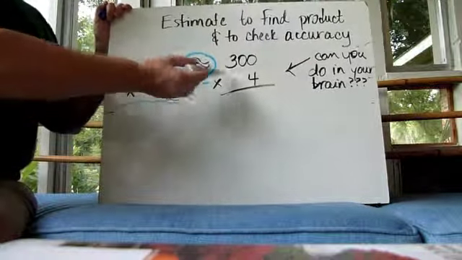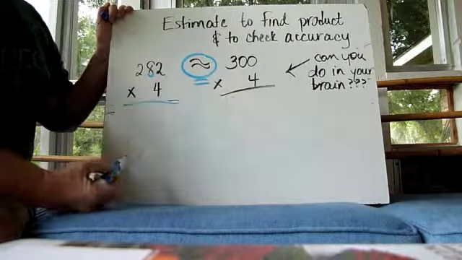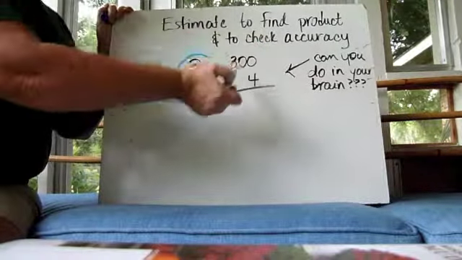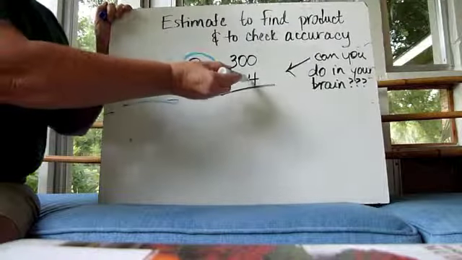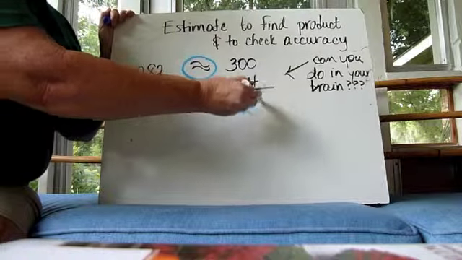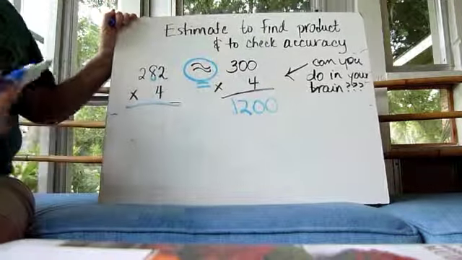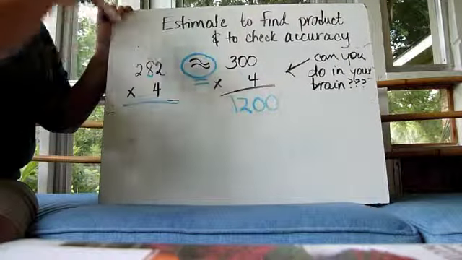So 300 times 4 is a lot easier for me to do than 282 times 4. In fact, can you do that in your brain? I can. And I hope that you know that 3 times 4 is 12, and then you'd add those other 2 zeros. So you'd say, my answer is going to be around 1,200.